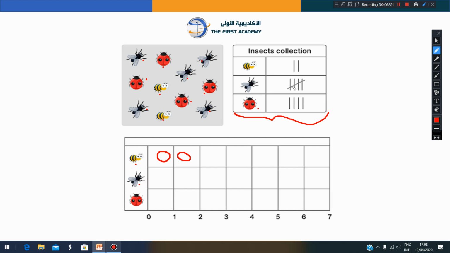I have five flies. So one, two, three, four, five flies. And the last thing I need is the ladybug. So I have four ladybugs. One, two, three, four ladybugs. So this is how I pass my information or my data into a picture graph.